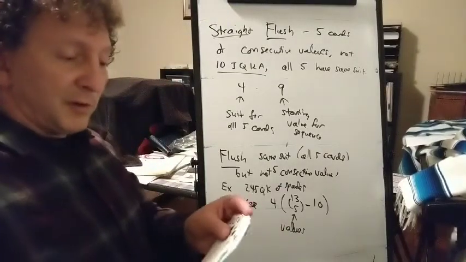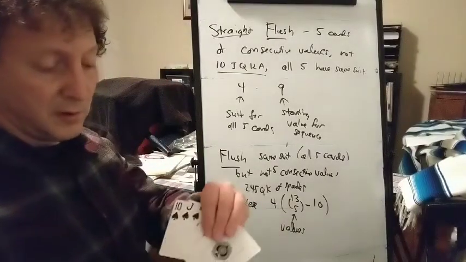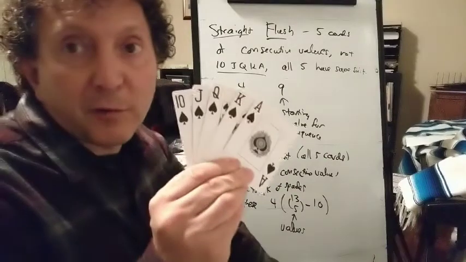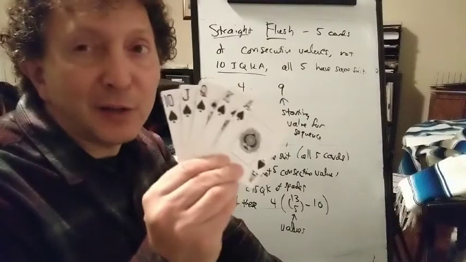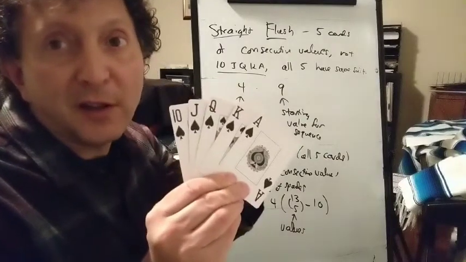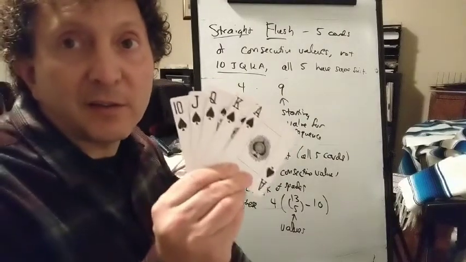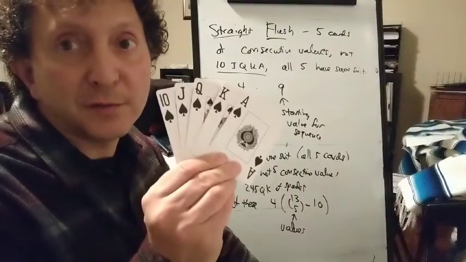Alright, and now for the rarest poker hand of all. We've got a flush, which is simultaneously a straight and has the highest possible values for a straight. 10, Jack, Queen, King, Ace. This is called a royal flush.